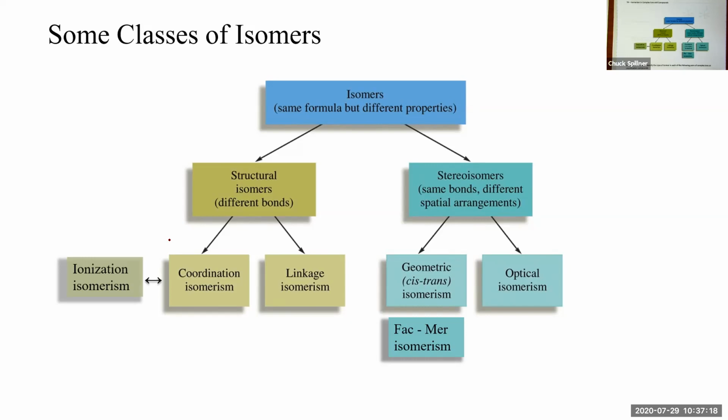Some isomers deal with the whole compound. Some isomers only occur within the actual complex ion. I'll try to point that out as we're going through. So what are isomers?